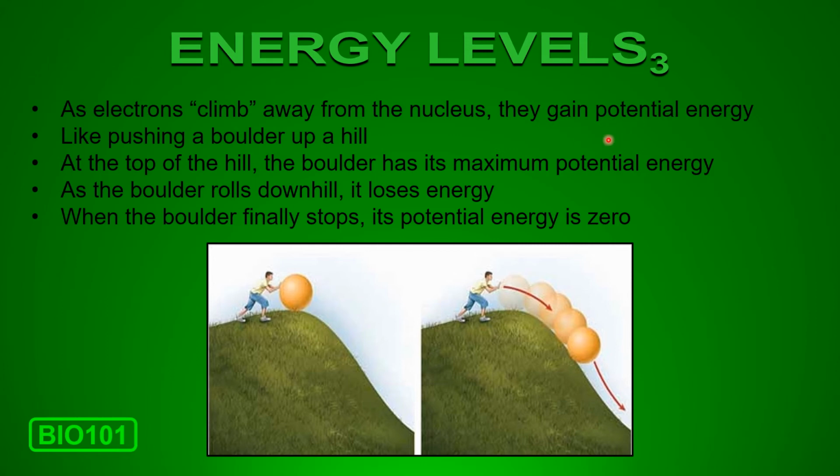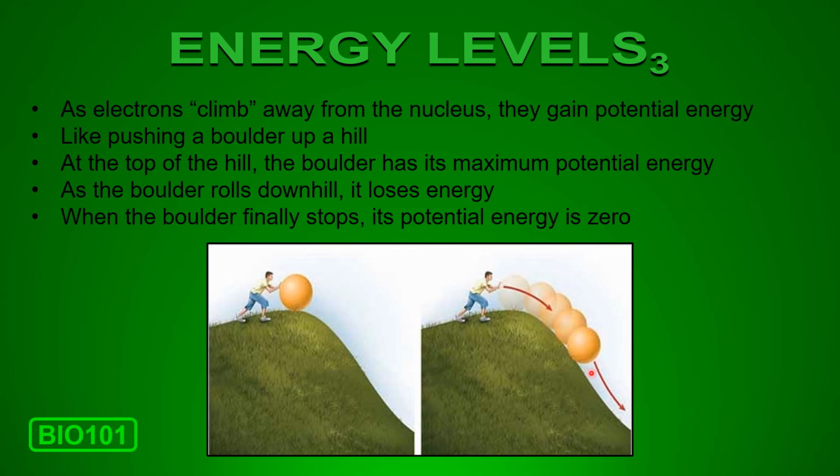When we talk about potential energy, it's like pushing a boulder up a hill. This is my little illustration of potential energy. At the top of the hill, the boulder has maximum potential energy. When the boulder is up here, it has the maximum potential for doing damage to something down below if you push it over the cliff. As the boulder rolls downhill, it loses energy until it reaches the bottom and stops, and then it has no energy.